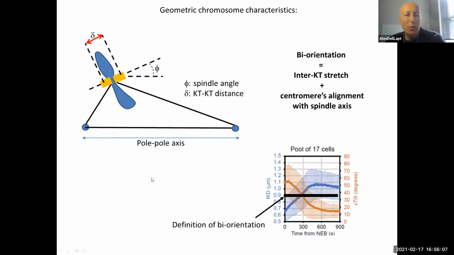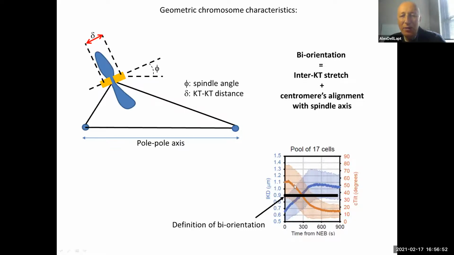But the two most important ones are the interkinetochore distance, the stretch between the kinetochores, which is a signature of proper amphitelic attachment, and the so-called spindle angle, the angle between the kinetochore axis and the spindle axis between the two poles. Decades of biological research show that for proper attachment this angle should be 0 or pi, so that kinetochores are pulled in this direction and the axis is aligned with the axis of the spindle.